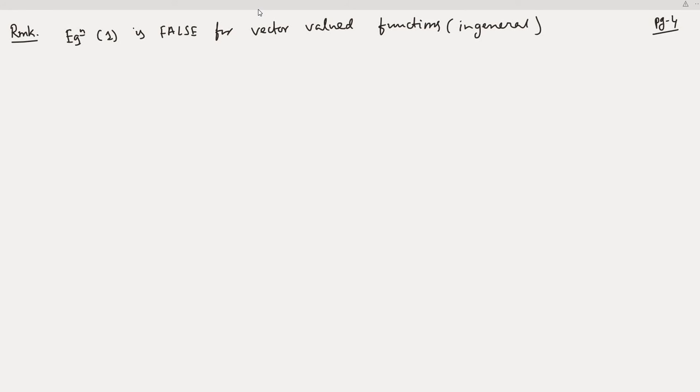To justify this statement, we should give an example.